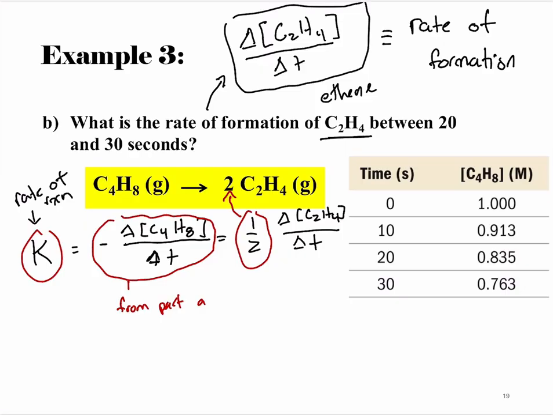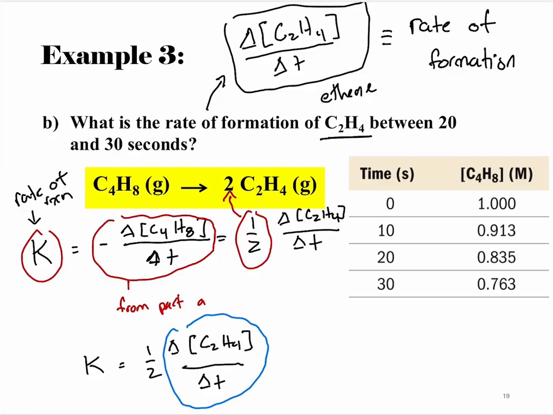So since we already have the rate of the reaction, now we can look at the specific rate of formation of the product in this reaction. So we have k is equal to 1/2 delta C2H4 over delta t. We know that this is what we want to solve for.